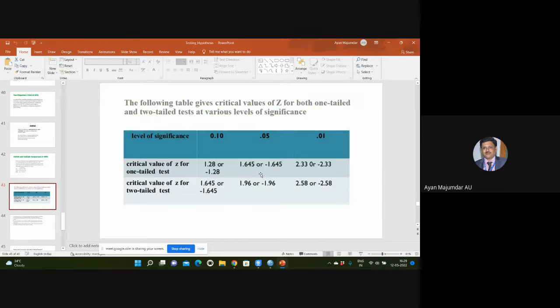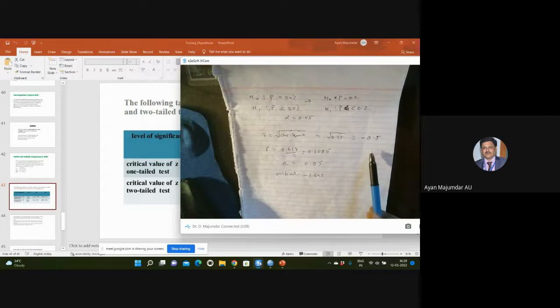So compare the computed value with the critical value. The critical value is minus 1.645 and the computed value is minus 0.5. Since your Z value is not more extreme than the table value, we fail to reject the null hypothesis.